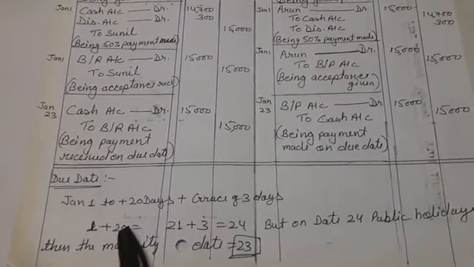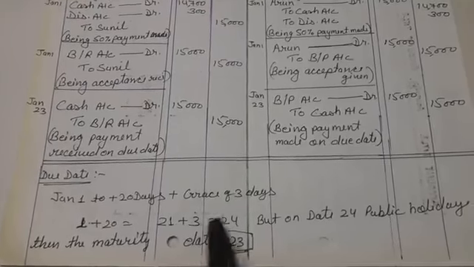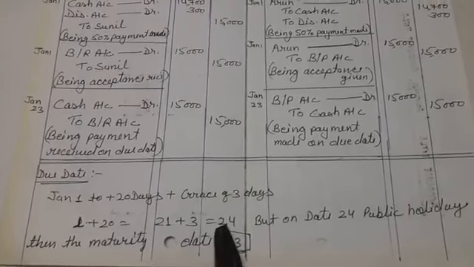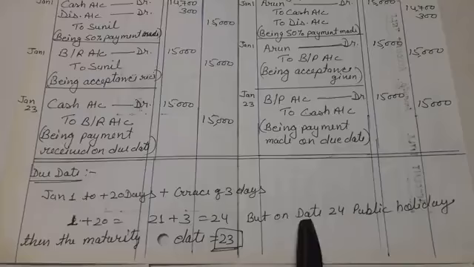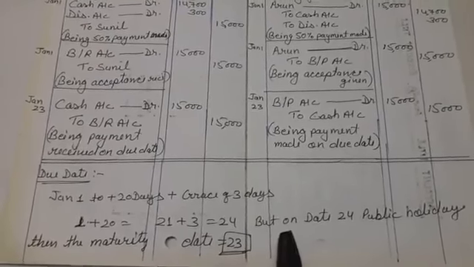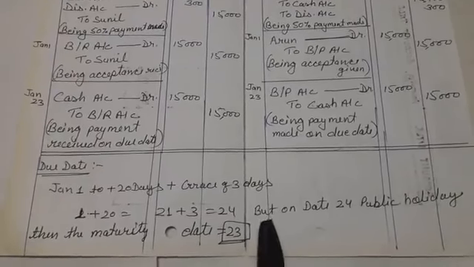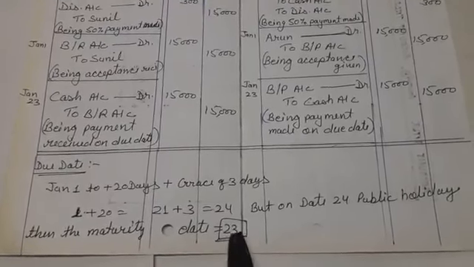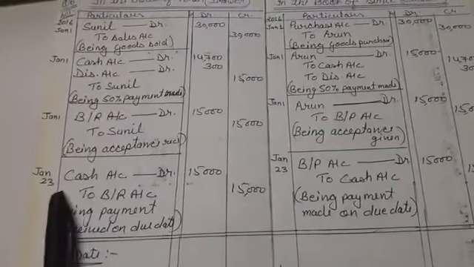Then 1st January plus 20 days it will come 21 January plus 3 days of grace, it will come 24th of January. But due to the public holiday, the act says that if you know before that the public holiday will be there on the maturity date, then we will come just before that date. That will be the 23rd of January, and our date of maturity will be 23rd January.